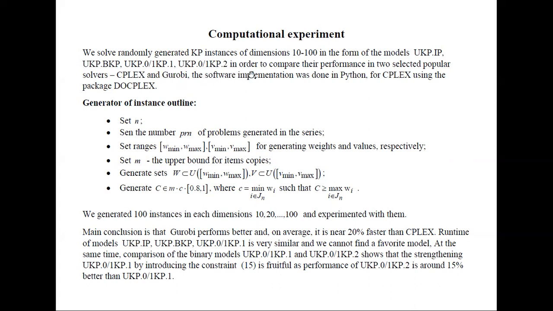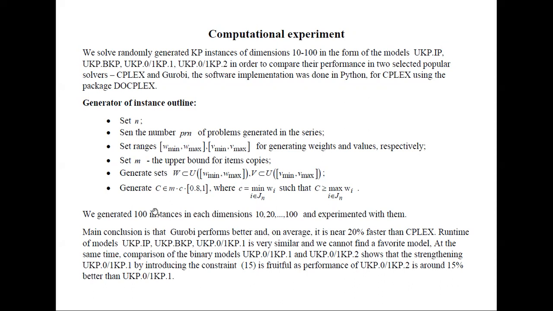The implementation was done in Python, and for CPLEX we used the package docplex. So here is an outline of our computational experiment, how our instances were generated. In each of the dimensions from 10 to 100, we generated 100 instances.